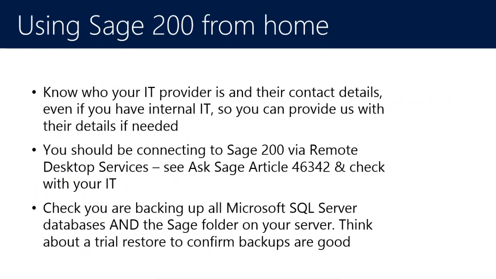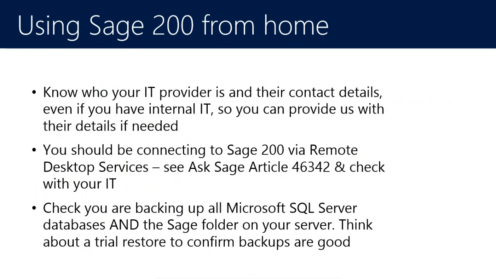The second, I'm going to talk a bit more about this after this slide, because there's something else for me to show you. But most important, most of us, not quite all, but most of us are working from home, and we need to be very aware of what that means for Sage 200. There are better ways to use Sage 200 from home, and there are not so good ways.